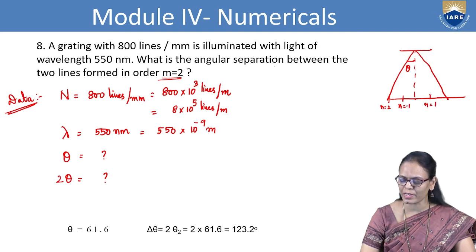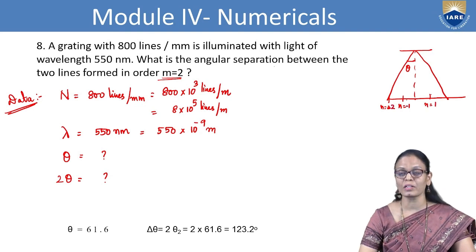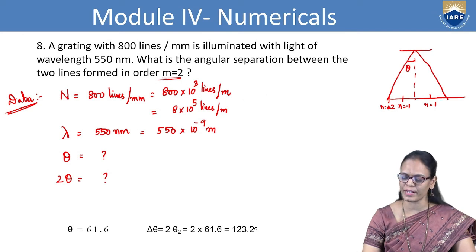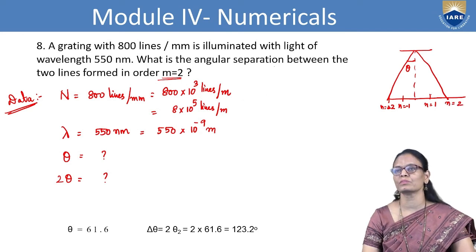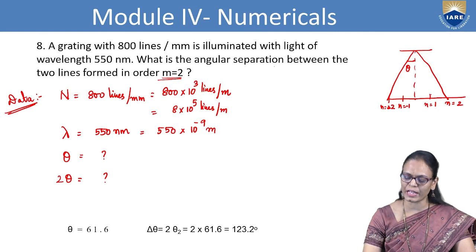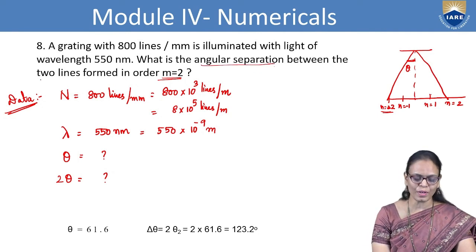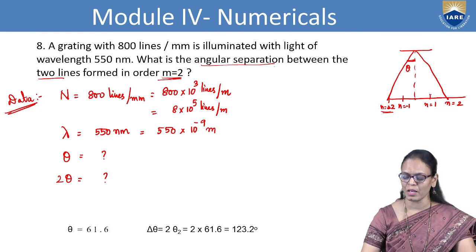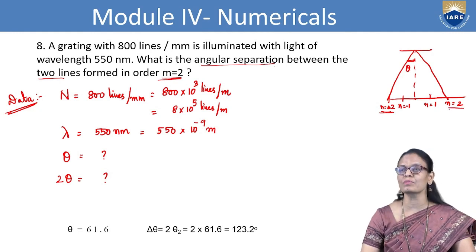I'll write precisely minus 1 and minus 2. On the left hand side it is negative, on the right hand side it is positive. So n is equal to 2. First what we are going to find is the angular separation between the central maxima and this is theta for m is equal to minus 2, because we want to find the angular separation between two lines of order m is equal to 2, means m is equal to minus 2 and m is equal to 2. So if this is theta, this is also theta. So the separation will be given by 2 theta.